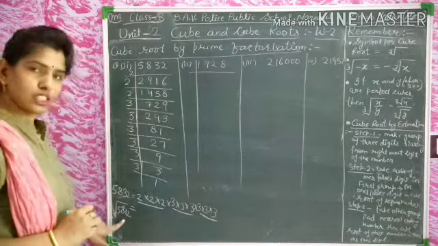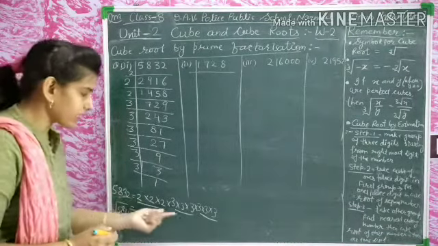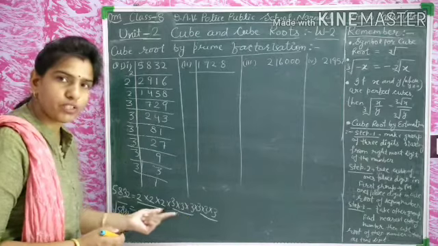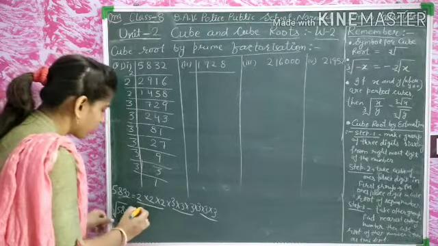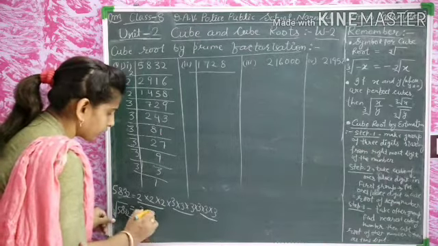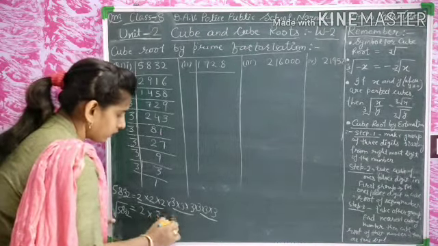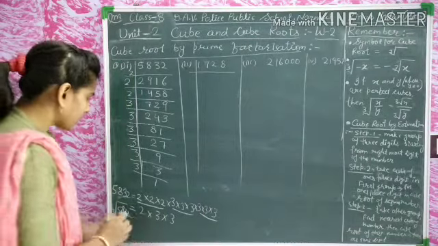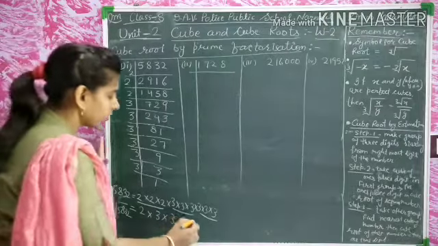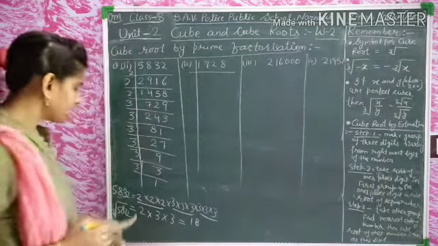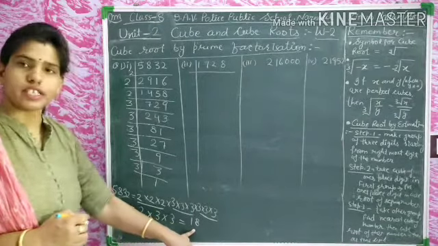In a square root we take two numbers from one group, but here there are triplets. So there is one 2, one 3 from this group and one 3 from this group. Now this is the cube root of this number. 2 times 3 is 6, 6 times 3 is 18. This number's cube root is 18 here.